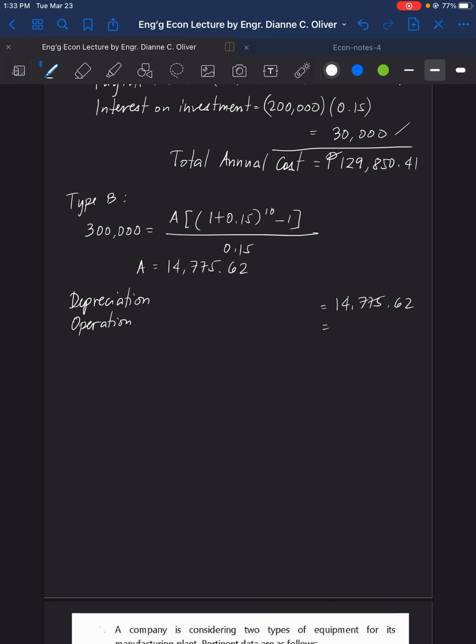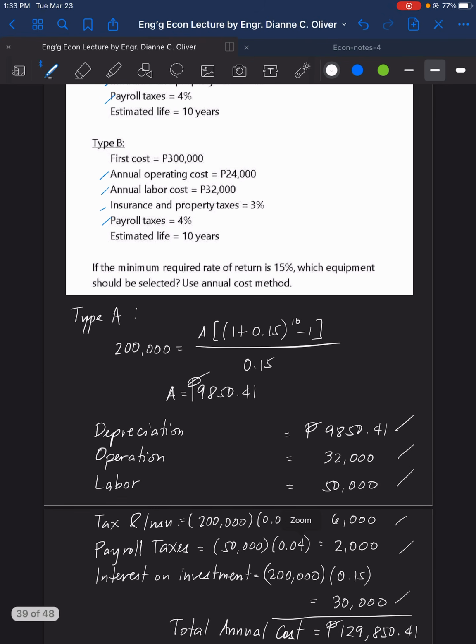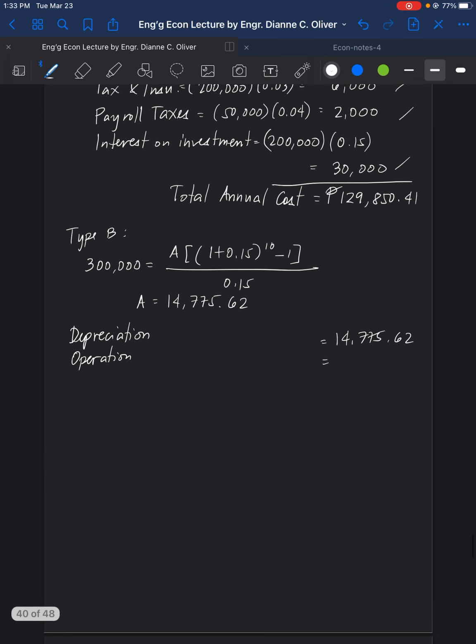Operation, annual operating cost is 24,000, annual labor cost is 32,000. Taxes and insurance is equal to the first cost multiplied with the 3% in tax and insurance, so that is equal to 9,000 pesos.